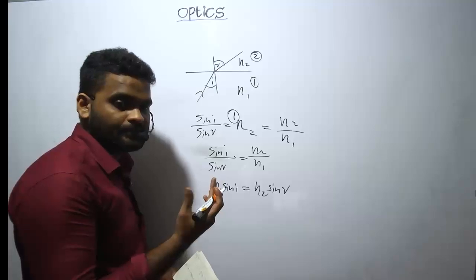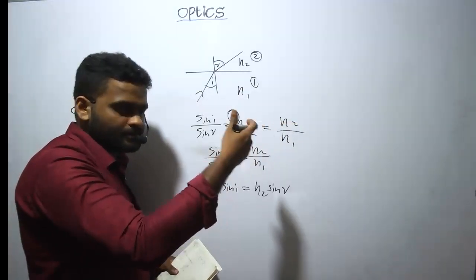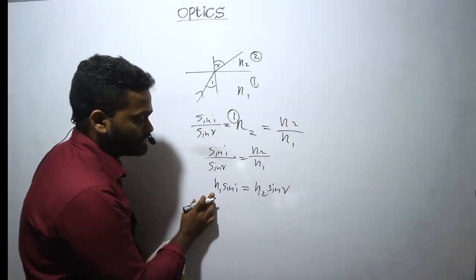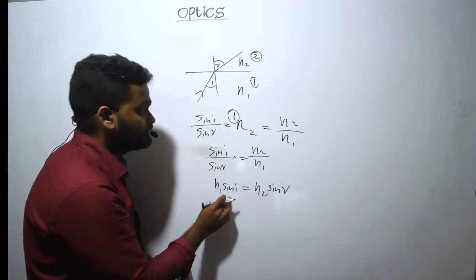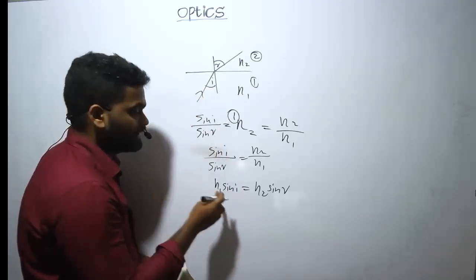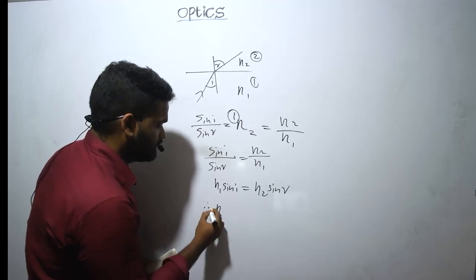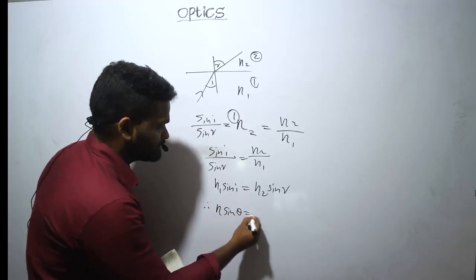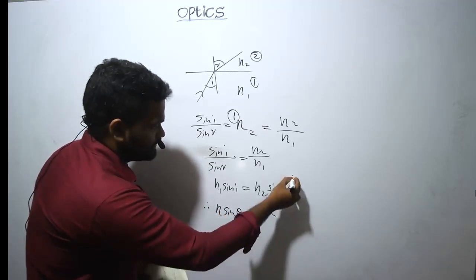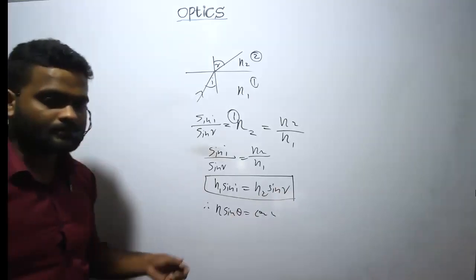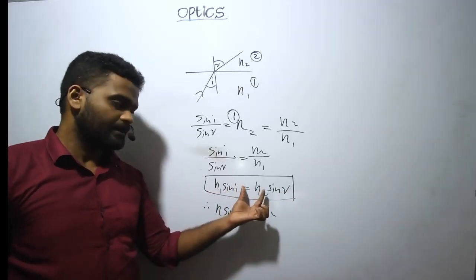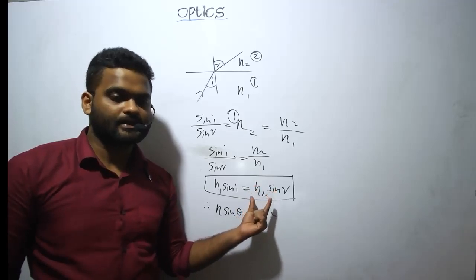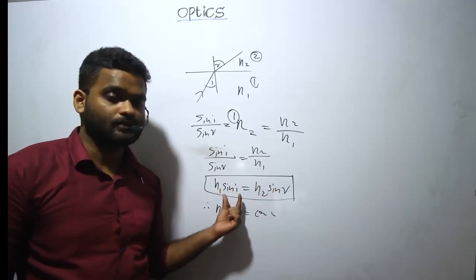What does it mean? For any number of mediums, this product, absolute refractive index times the sine value of the angle there, is a constant. You can use this at once. It is less confusing, so I recommend you use this always.